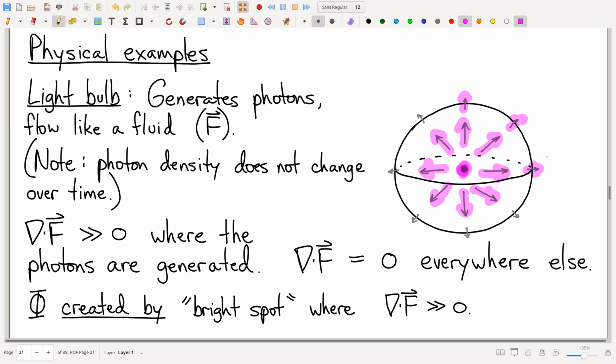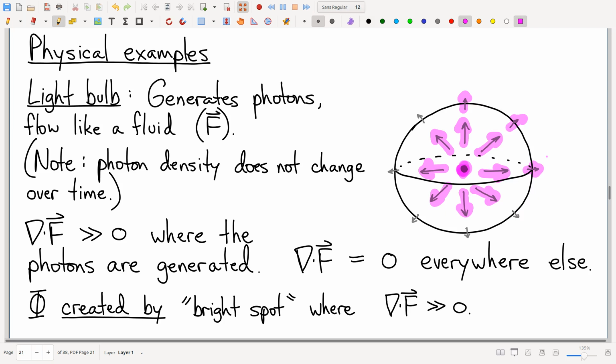But anyway, basically a constant. In this context, I'm talking about density times velocity. There are lots and lots of photons right here next to the bulb that are moving at the speed of light. The further you go out, there are fewer. They've spread out more. There's less density of photons out there. And so even though the velocity is the same, the density is lower. And so the field, density times velocity, is also smaller, as I've got it drawn here. Y'all buy that?